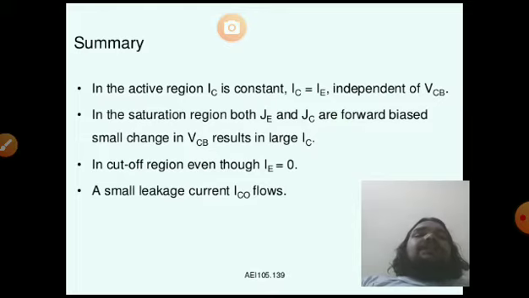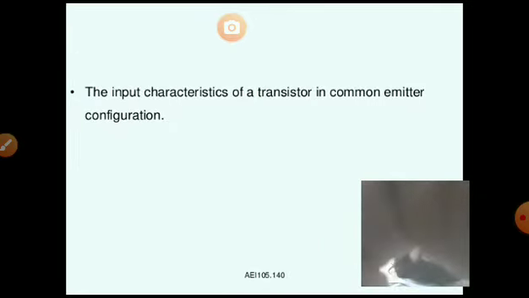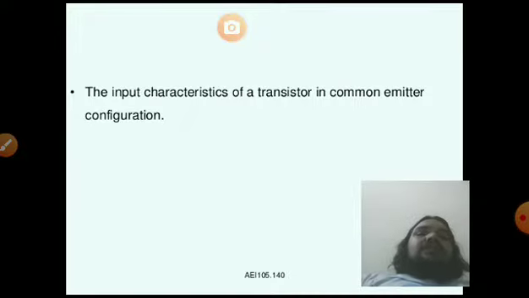A small change in VCB results in a large IC. In the cutoff region, even though IE is equal to 0, a small leakage current ICO is flowing.